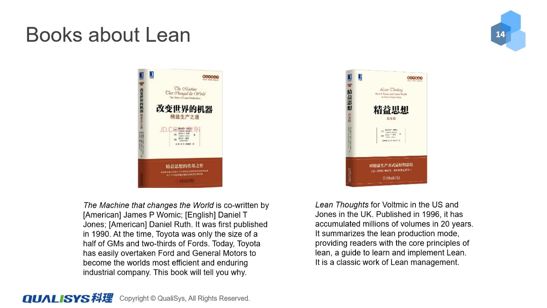But after studying Toyota, the expert team from MIT and other organizations in the US started to summarize and analyze the whole Toyota system and put this in the book, The Machine That Changes the World. So here is a very good description of how lean manufacturing works.